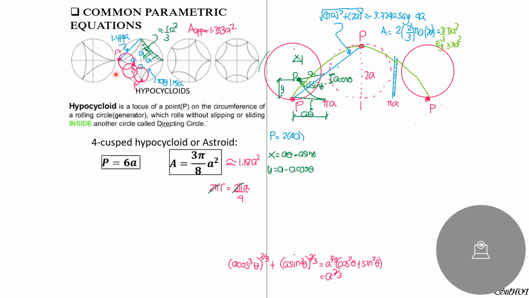Now the radius of the bigger circle is a, so the circumference of the bigger circle would be 2 pi a.